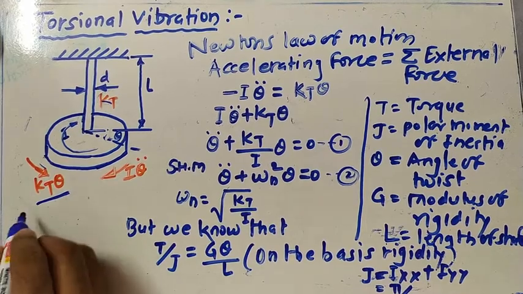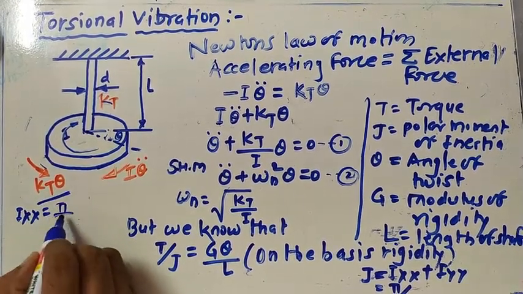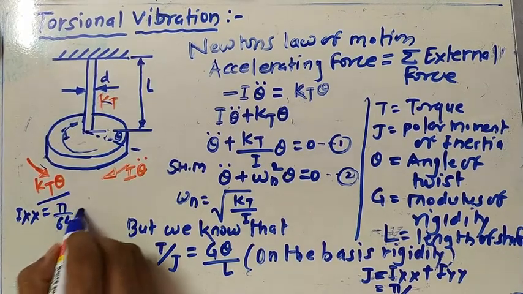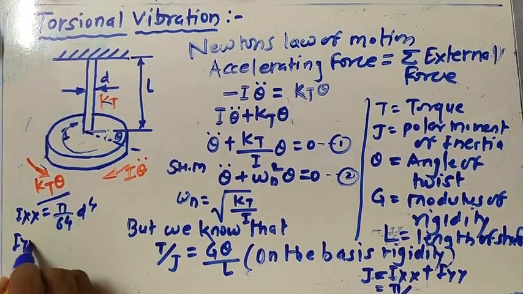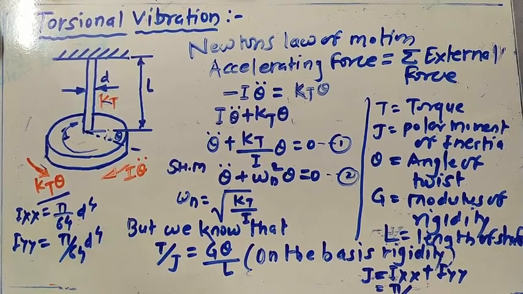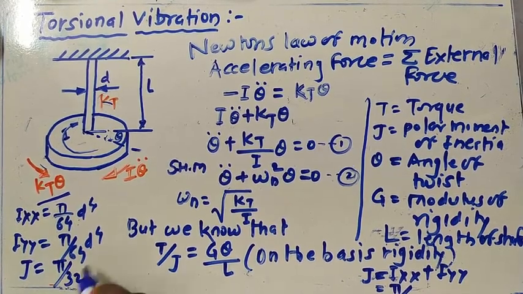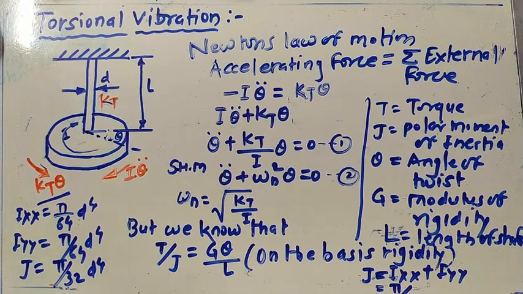Ixx equals pi by 64 into d raised to 4, as well as Iyy equals pi by 64 d raised to 4. So here we get J equals pi by 32 into d raised to 4.